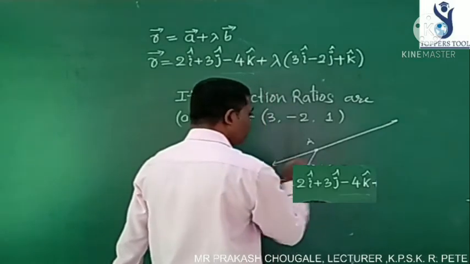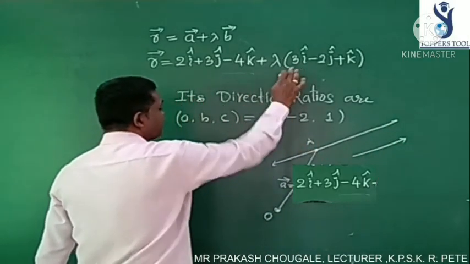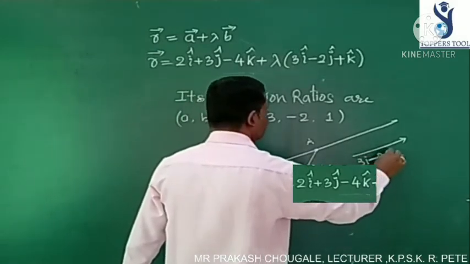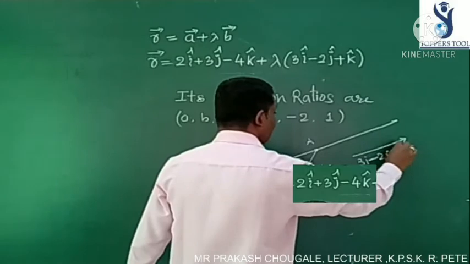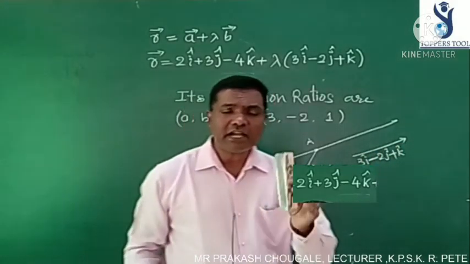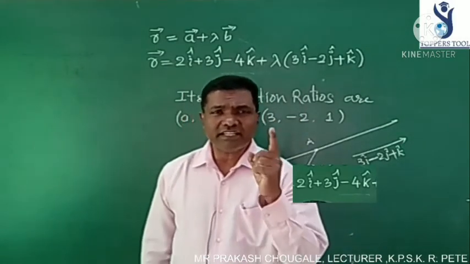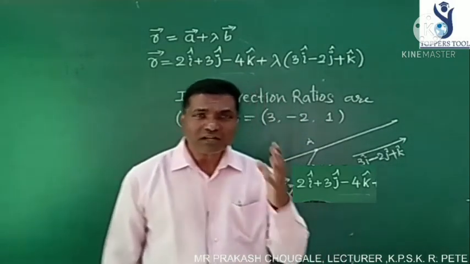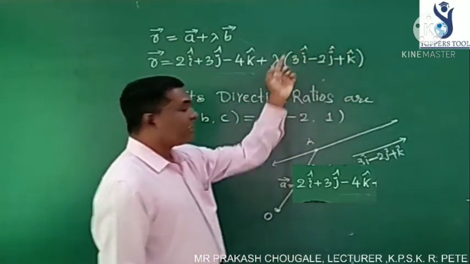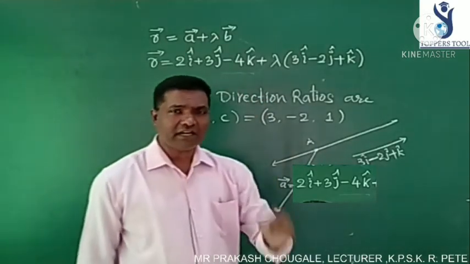The direction of this is this vector, that is 3i minus 2j plus k cap, you can write. So for any given line in vector form, you must be able to tell what its direction or direction cosines are. This stands for the direction of this line vector r.